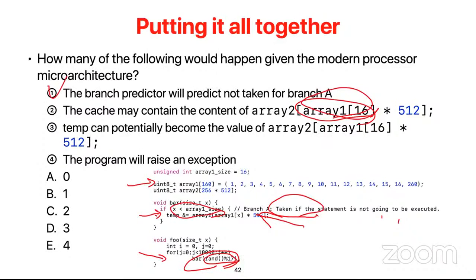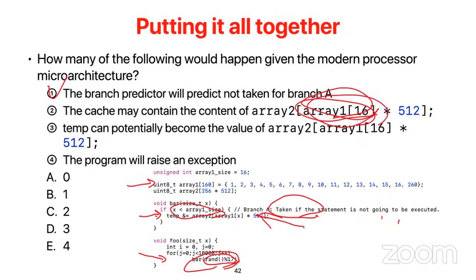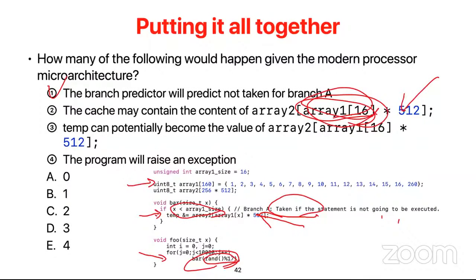Then we will use the value of array 116 times 512 to get 260 times 512 in the array 2, which is out of boundary.